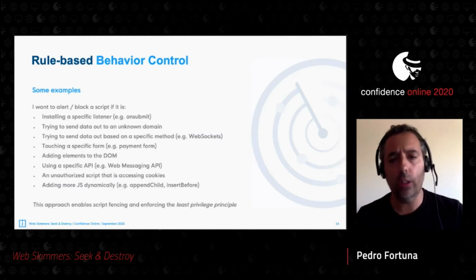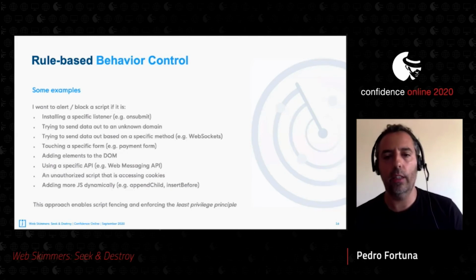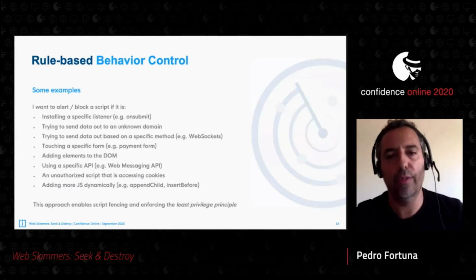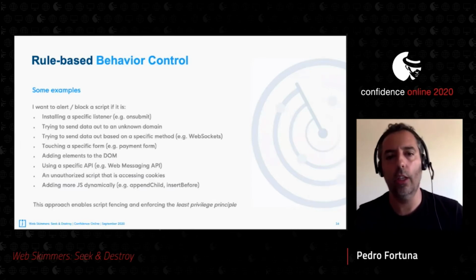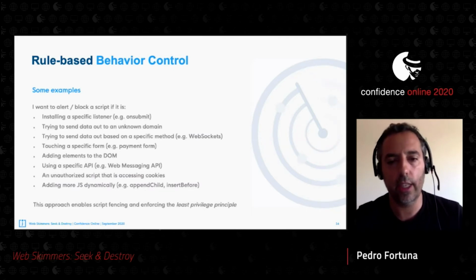So in general, what it allows you is to fence scripts, to create a cage around the scripts and enforce a least privilege principle applied to third-party code. And why not also apply it to first-party code, because you can also be breached. First parties can be breached, and attackers can change the behavior of that code too.